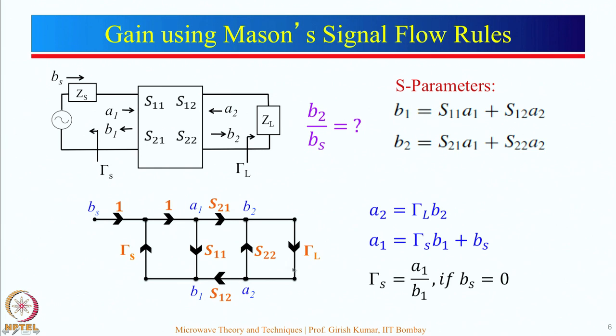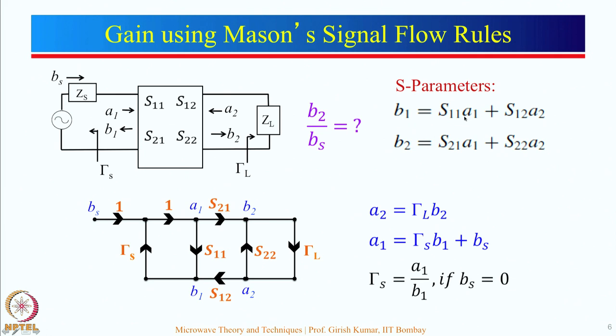So, now these four equations are represented in this graphical form over here. Let us see how we can build this particular signal flow. Let us start with B2. B2 is given by S21 A1. So, for B2 we locate A1, A1 multiplied by S21, plus S22 A2. So, we locate here A2, this is S22. These are known as path gains. Now, let us look at the other equation, which is B1.